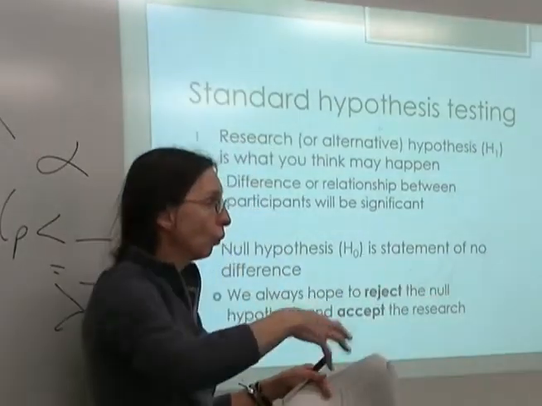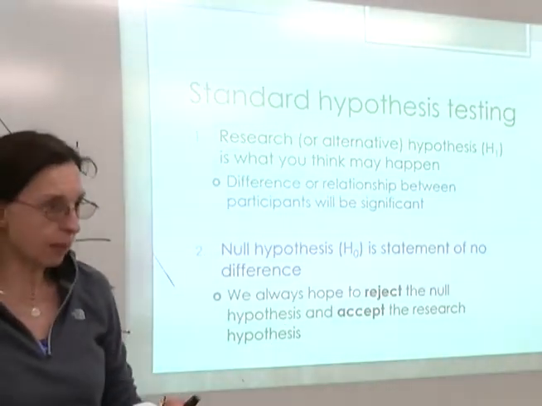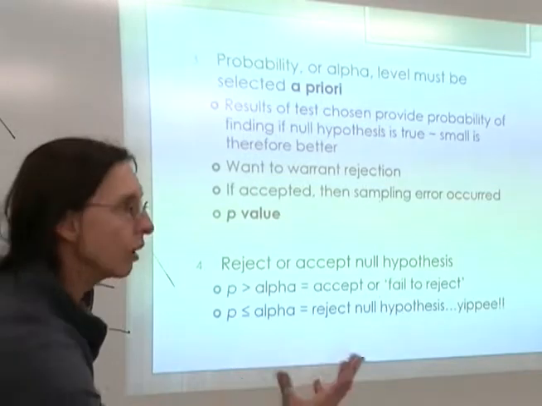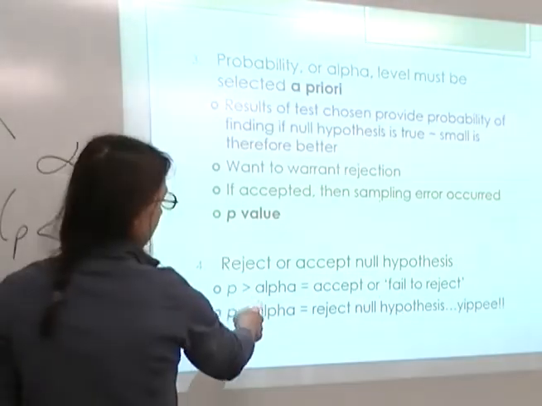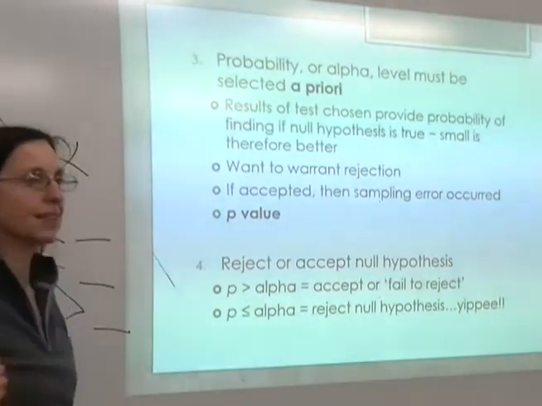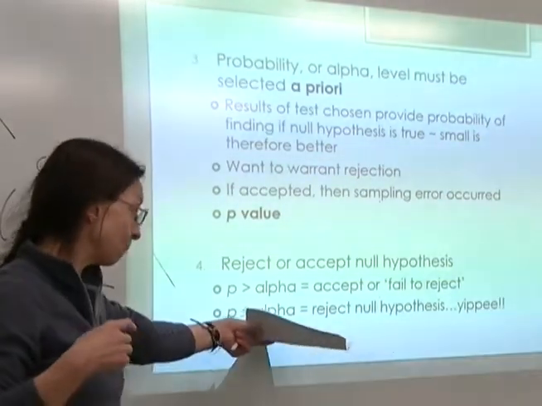So if I run this thing, I want it to have a really big impact. So I want it to be very significant. So then when I look at the output from the software, that means I need P to be smaller than alpha.